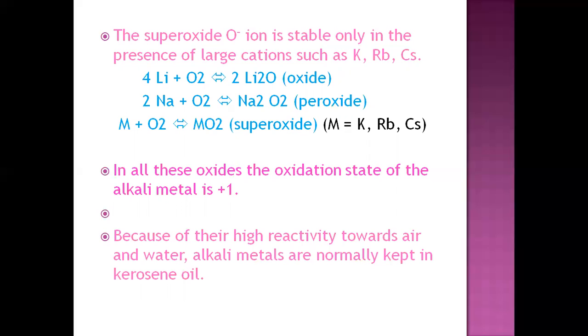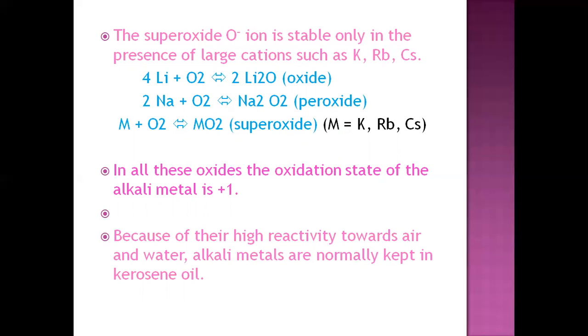Cesium superoxide, right? In all these oxides, the oxidation state of the alkali metal will be +1, because they have one unpaired electron, and the property of metals is to donate the electron. That is why the oxidation number of the alkali metals will be plus 1.